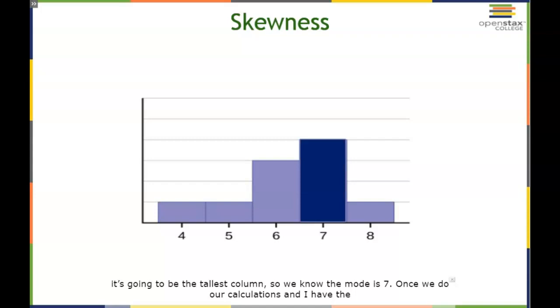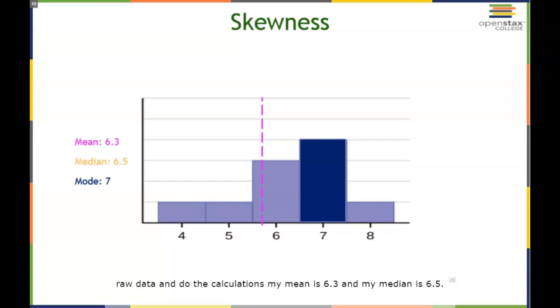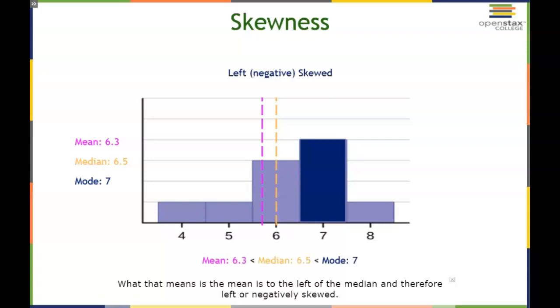Once I do the calculations with the raw data, my mean is 6.3 and my median is 6.5. What that means is the mean is to the left of the median and therefore it's left or negatively skewed. It's all about the mean.